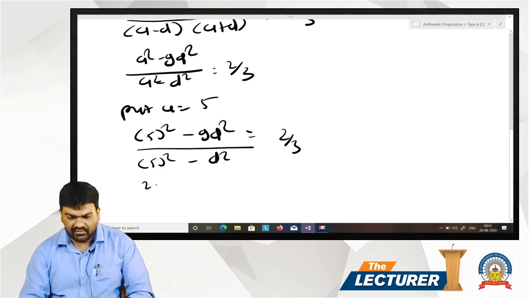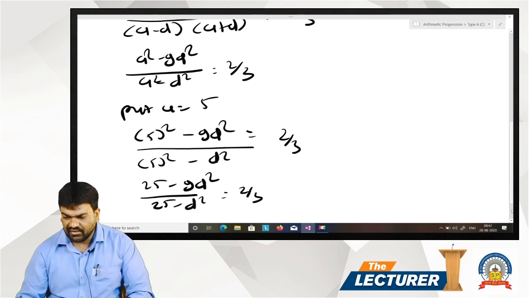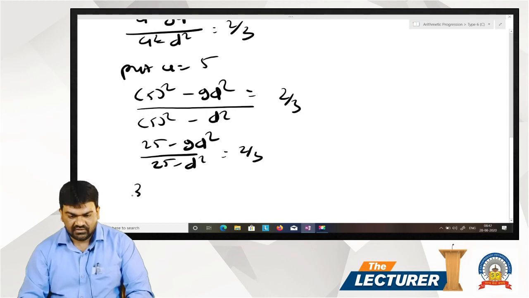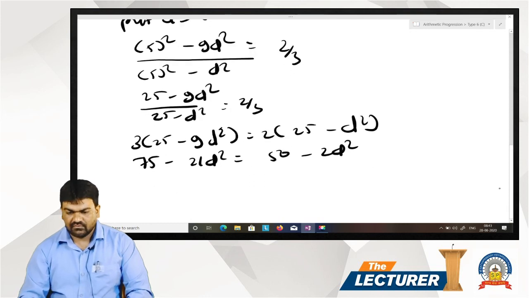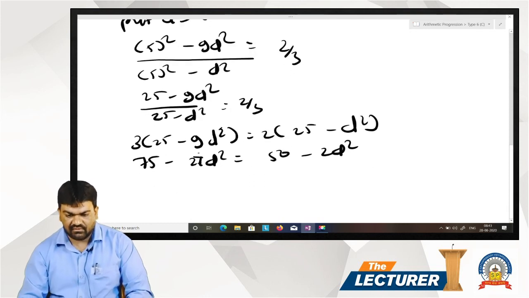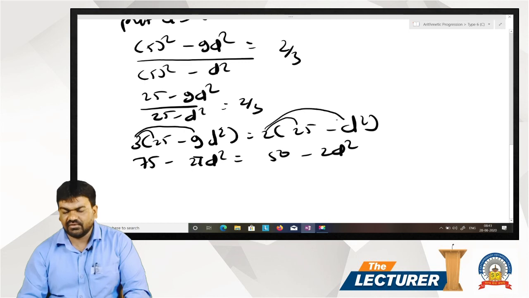So 25 minus 9d square over 25 minus d square is equal to 2 divided by 3. 3 multiplied by 25 minus 9d square, 2 multiplied by 25 minus d square. 75 minus 27d square, 50 minus 2d square. 3 will multiply first with 25, then with 9. Same way 2 will multiply with 25, then with d square.